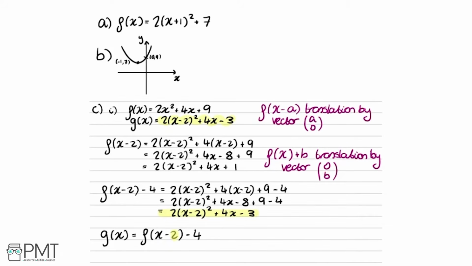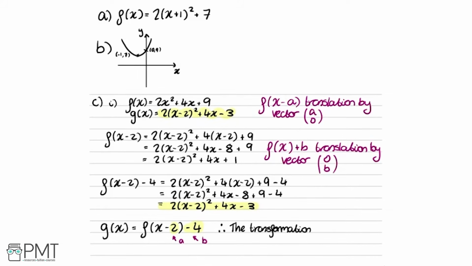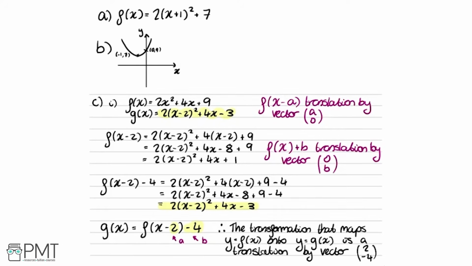Using that, we could essentially say that this 2 is our a term, and this minus 4 is our b term. So therefore, the transformation that maps y equals f of x onto y equals g of x is a translation by vector (2, -4).